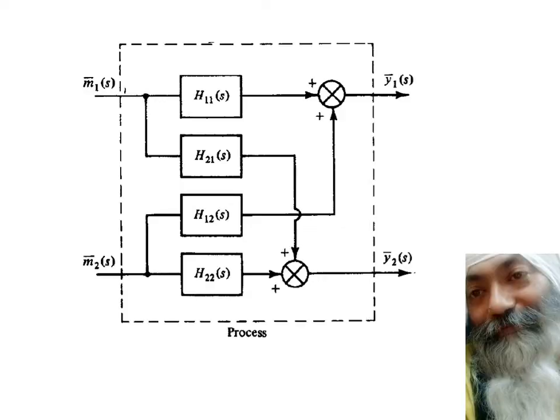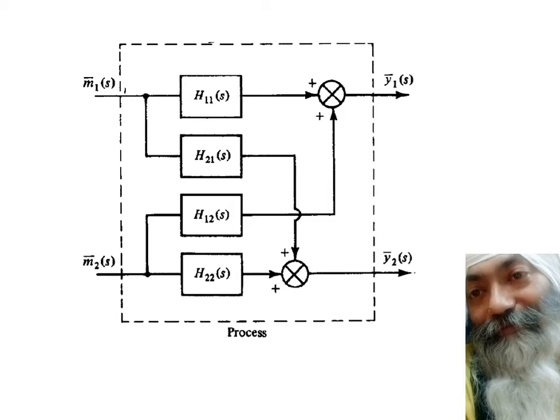Hello friends, we are back here with a special type of loops wherein we have more than one manipulated variable and more than one output. So we call them MIMO, multiple input, multiple output.